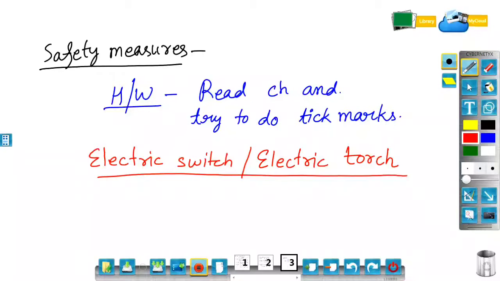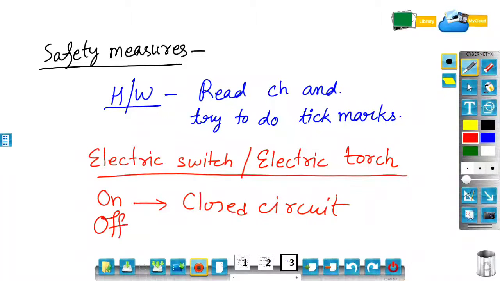If the switch is on, the circuit is closed, and if the switch is off, the circuit will open. In this process, the electric switch and electric torch work. You will read these two topics and understand them.